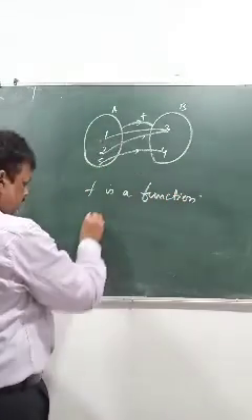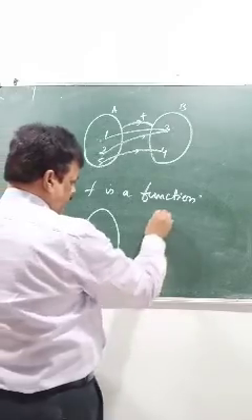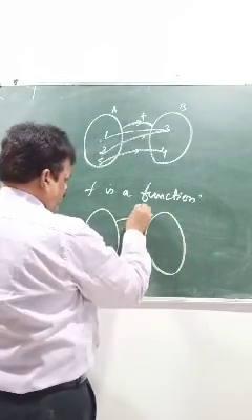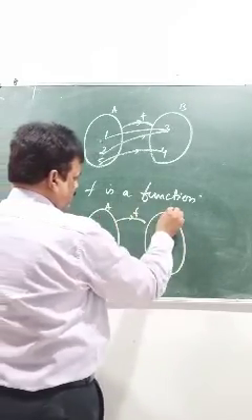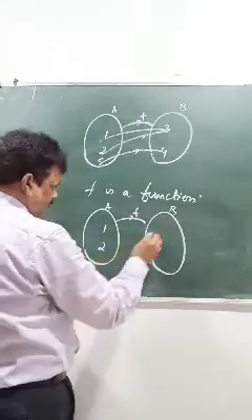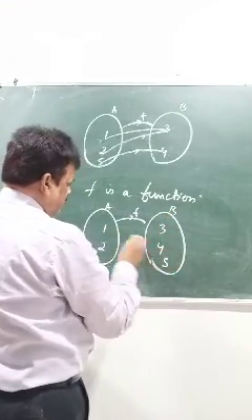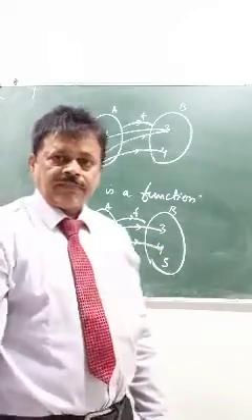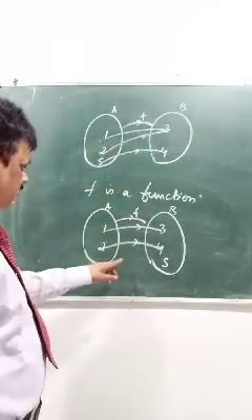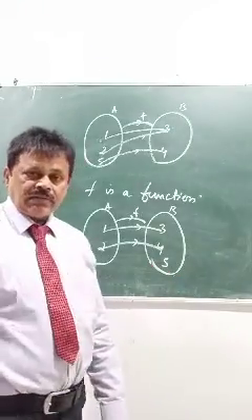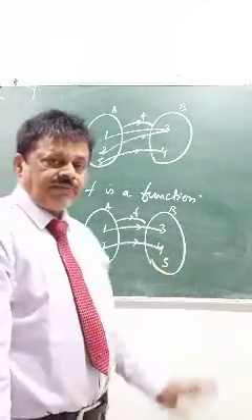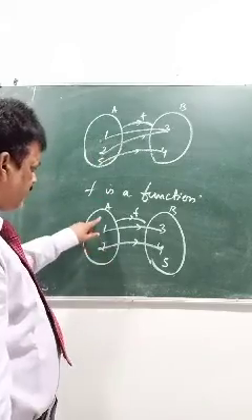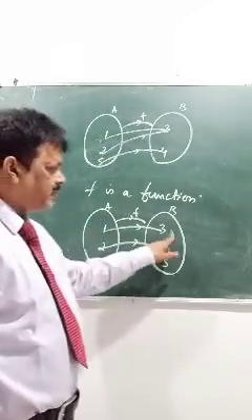Okay, let's take one more example. What about this? This is one element. So what do you say? One element is left out here. So this is a function because for every pre-image there should be an image here.